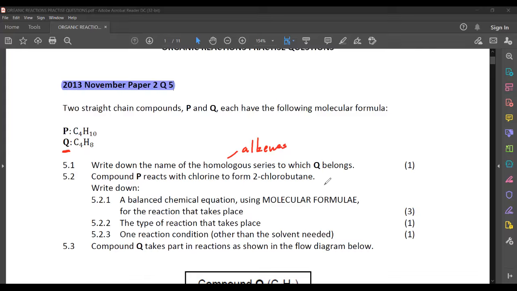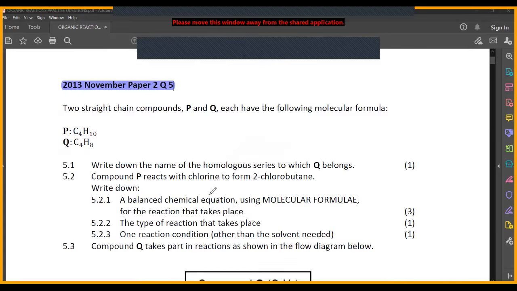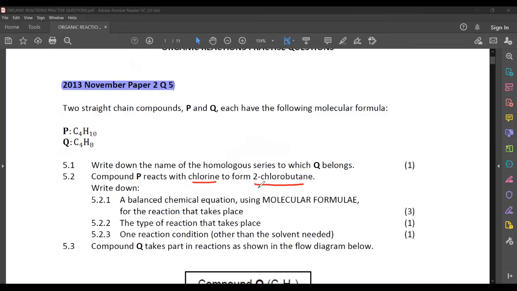2013 November paper 2, question 5. 5.1, name of the homologous series to which Q belongs: alkenes. 5.2, compound P reacts with chlorine to form 2-chlorobutane.